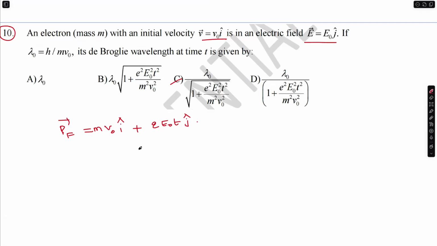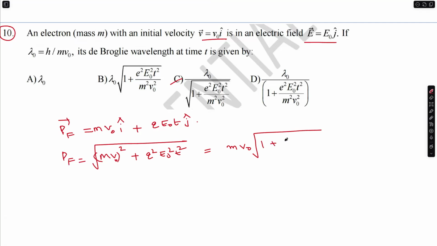The de Broglie wavelength at time t. So what is the magnitude of p final? Under root, m v naught square plus q square E naught square t square. See, if you wish, you can take this m v naught out. In that case, this will become q square E naught square t square by m square v naught square. You may ask me how I got this idea.